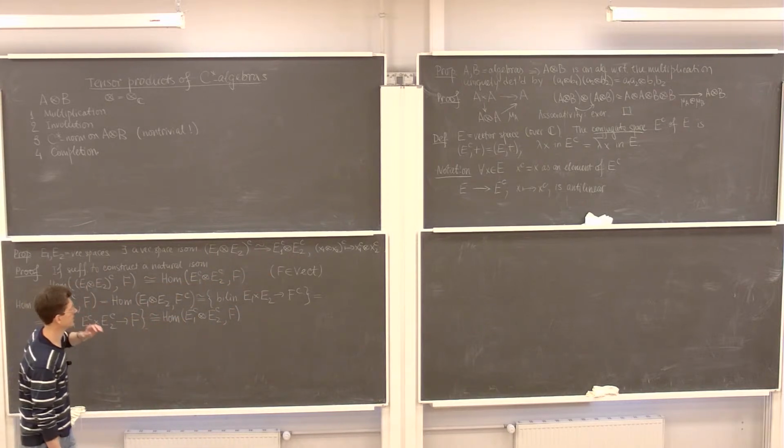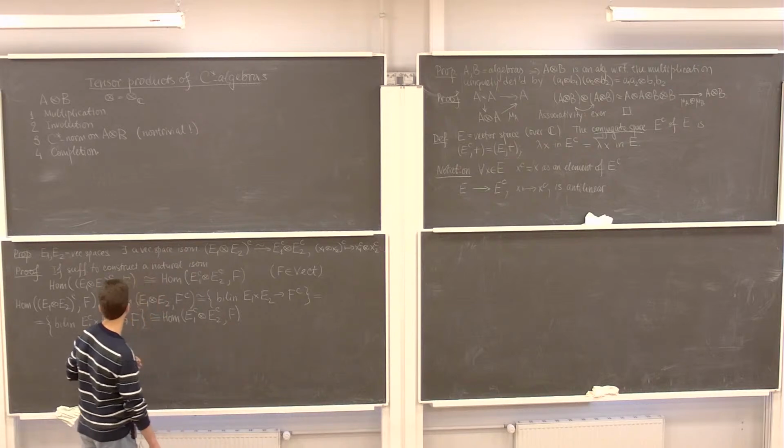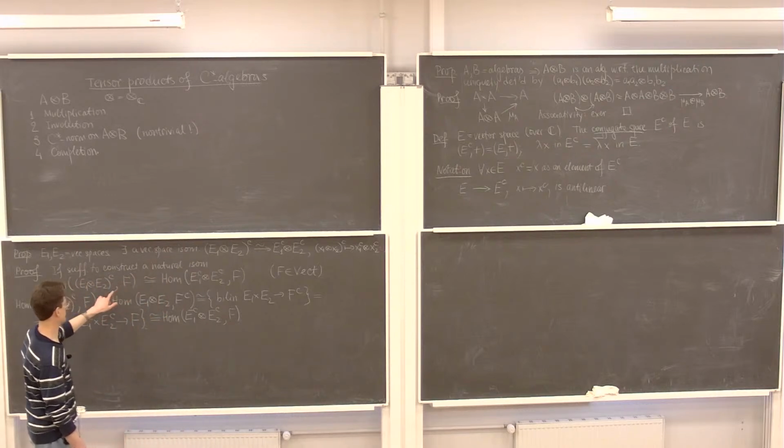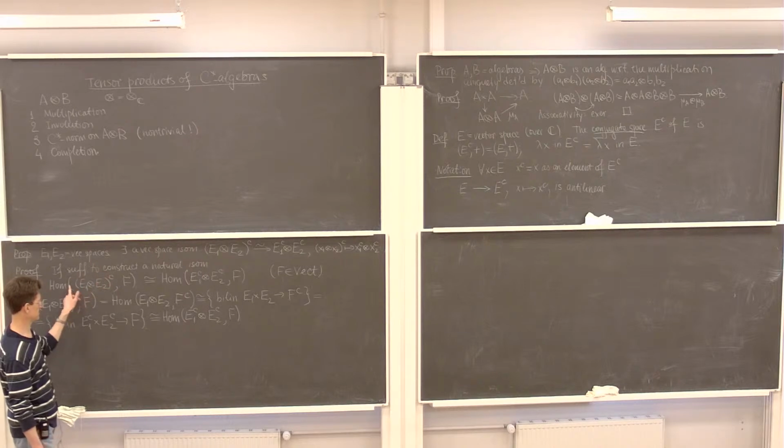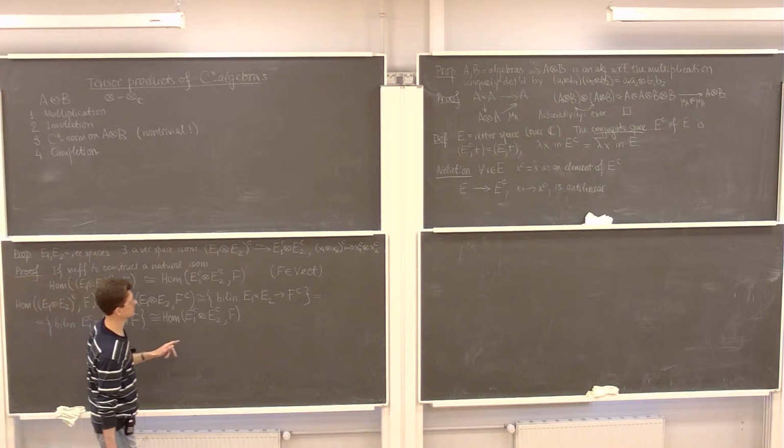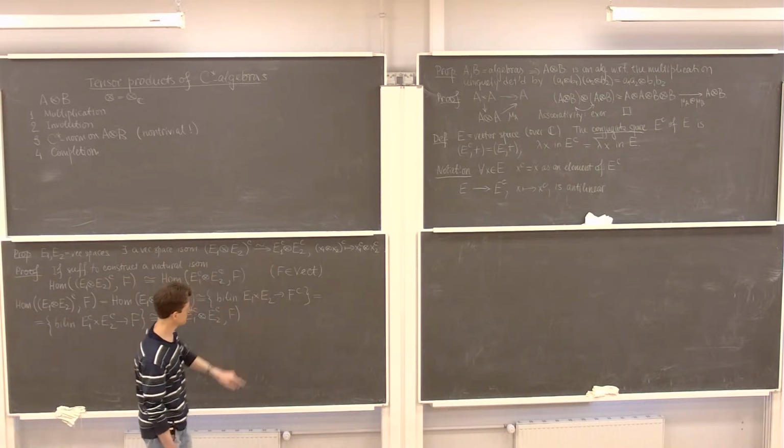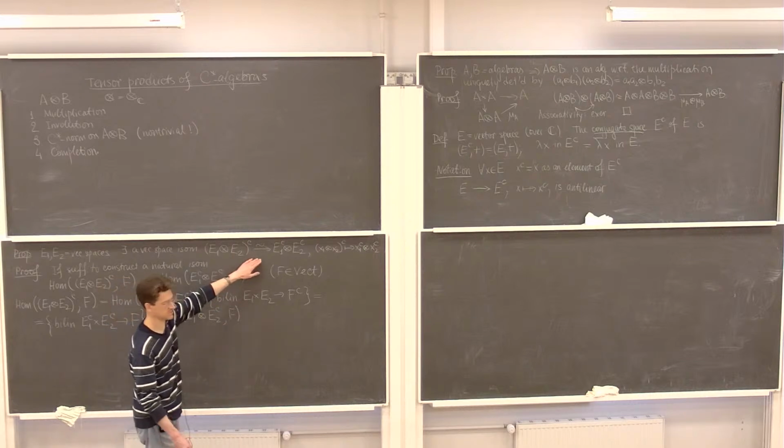So more specifically, if we substitute here for F this concrete space, then the identity map in this space corresponds to this isomorphism, or more exactly to the inverse of this isomorphism.